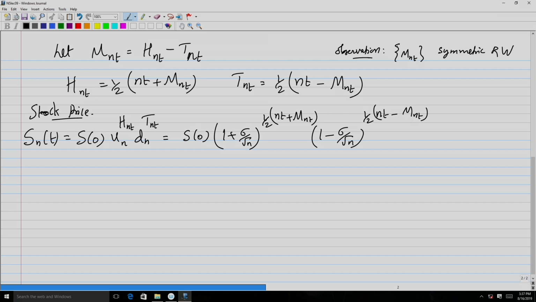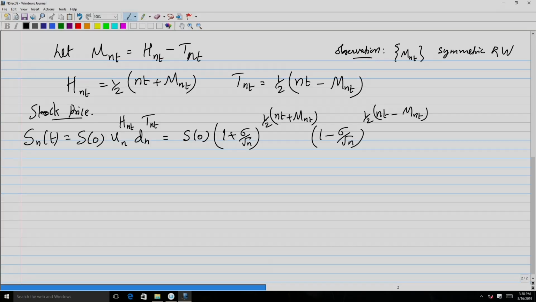Now, the question is, if you want to look at the limiting case of this stock price process as n tends to infinity, what is this quantity going to be? That is the question: what is S_{n_t} as n tends to infinity.